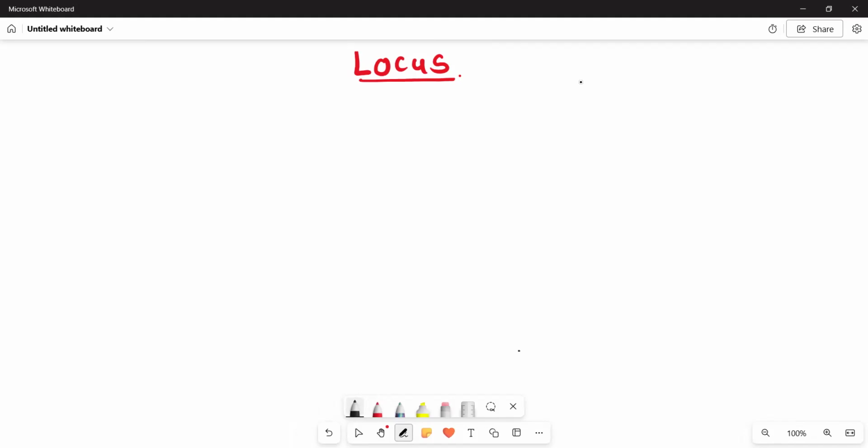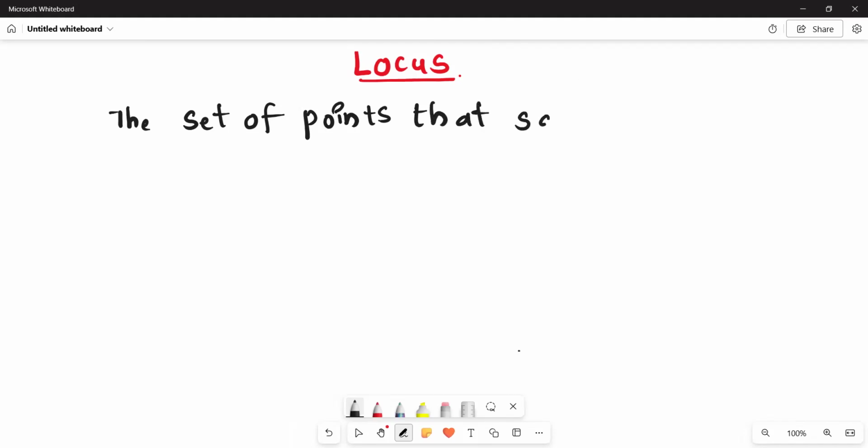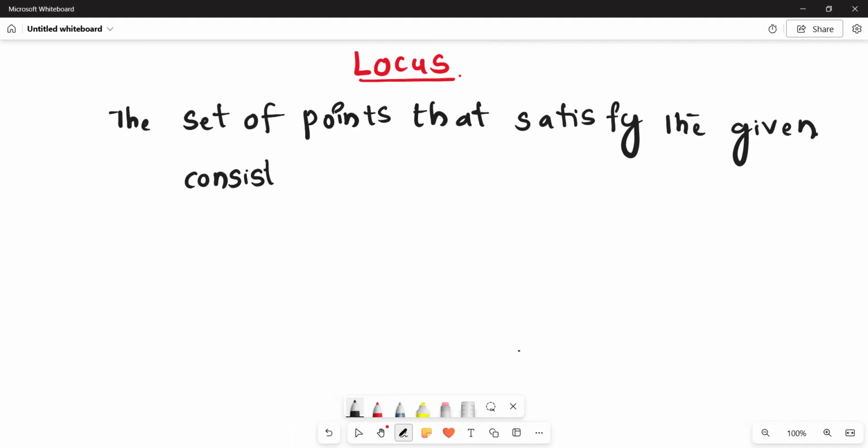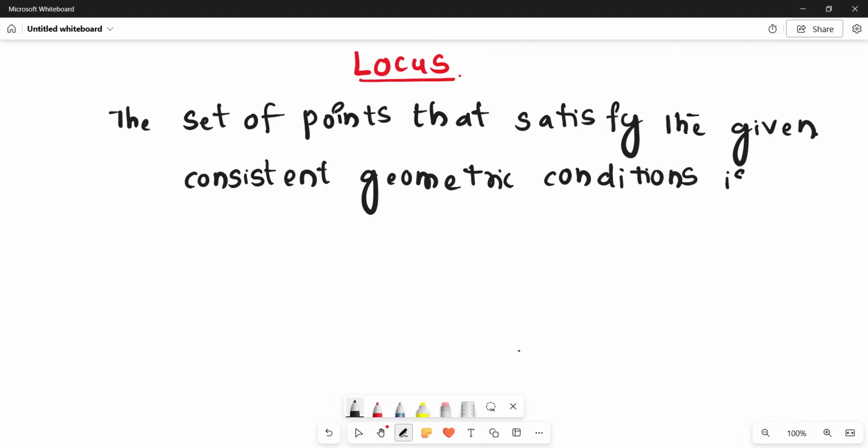The set of points that satisfy the given consistent geometric conditions is known as locus.